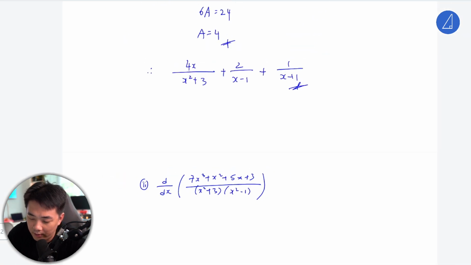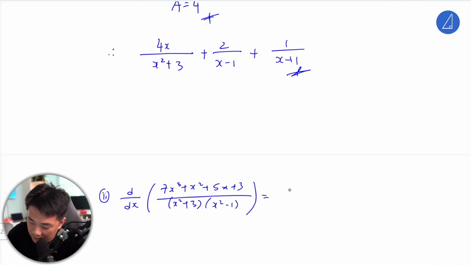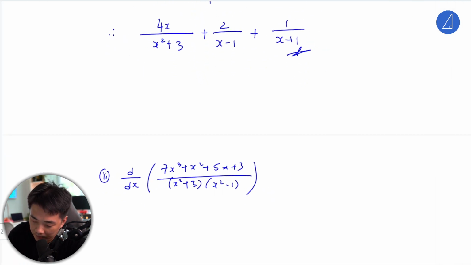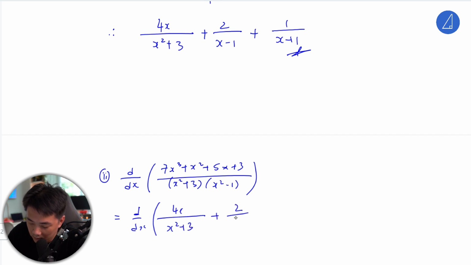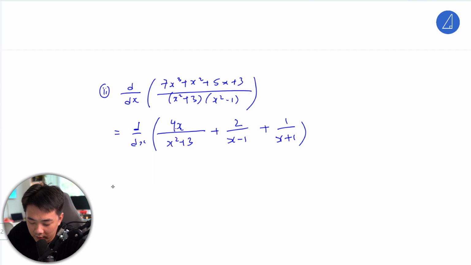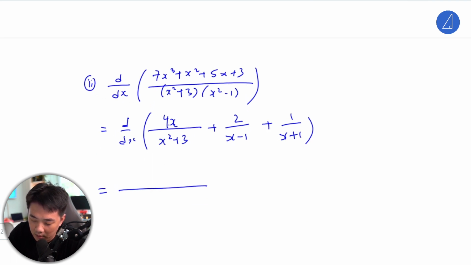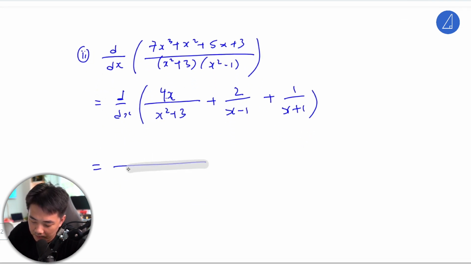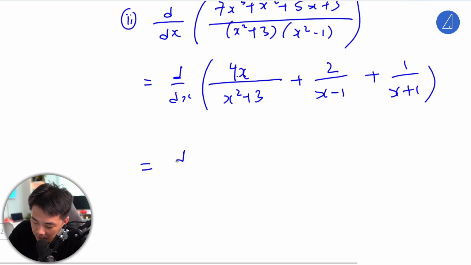Just substitute what we have from the previous part, which is d/dx of 4x over x squared plus 3, plus 2 over x minus 1, plus 1 over x plus 1. Okay, so differentiating this should be okay. We can use the quotient rule for the first one. Maybe I should just write this down. I'll just split it up.